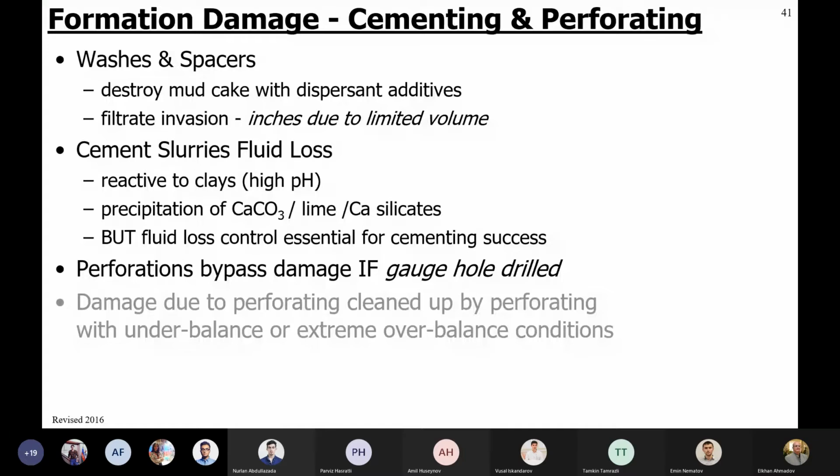Also, control of the fluid loss in cementing is very important, because if we lose the fluid into the reservoir during the cementing operations, that causes, again, unsuccessful cementing.